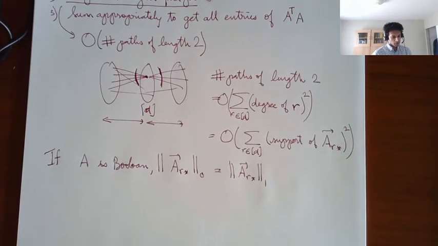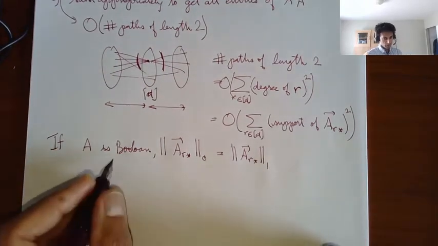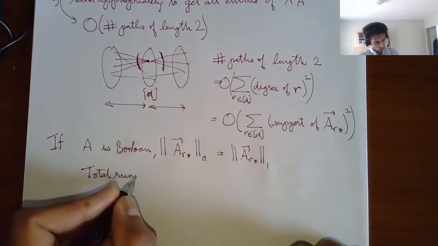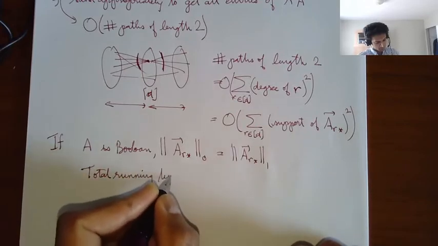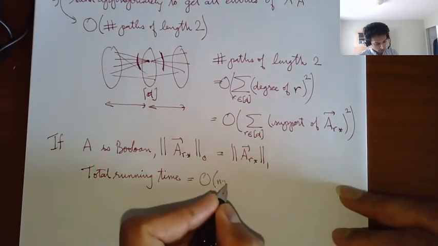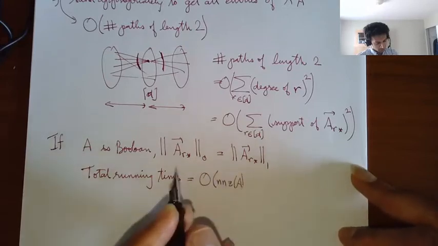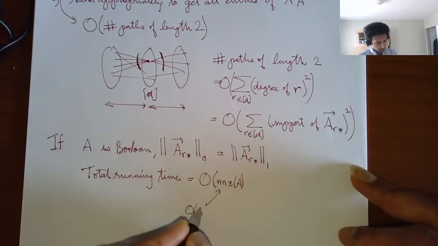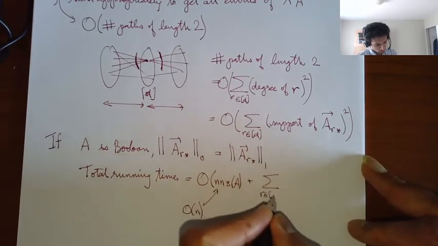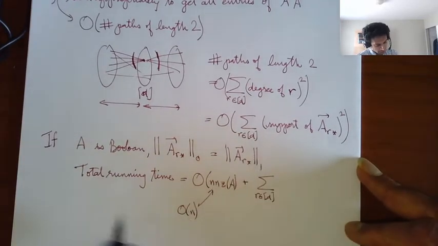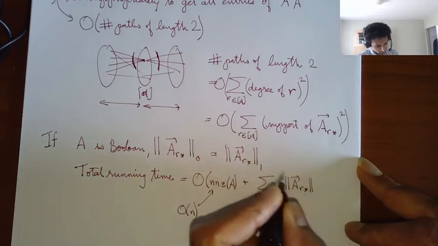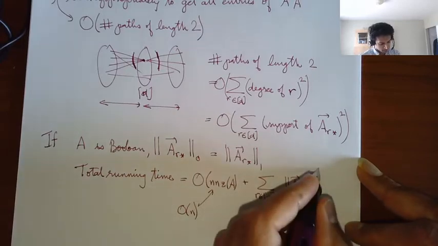So if A is Boolean, then the total running time is O of nnz of A. We'll think of this as something like O of n plus the sum over all R in D. Remember, if this is Boolean, then I can just write this as the one norm squared.